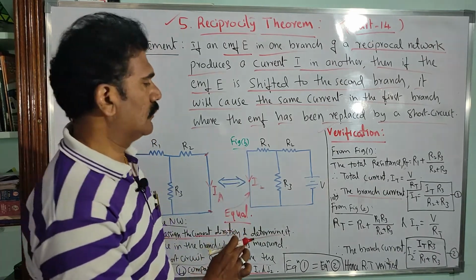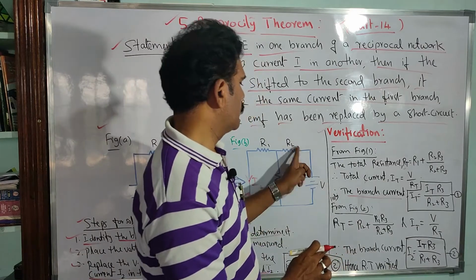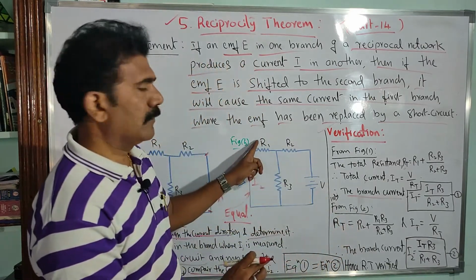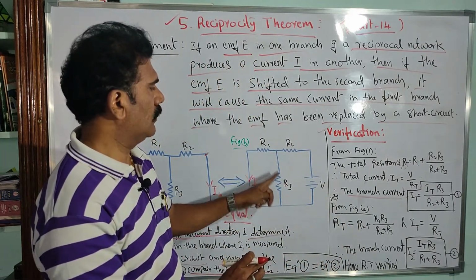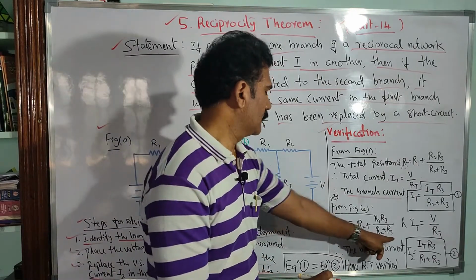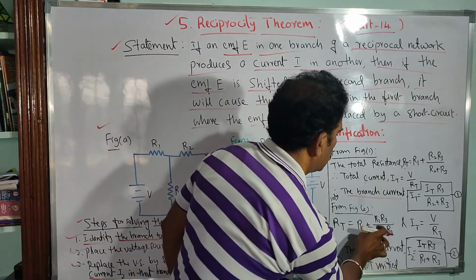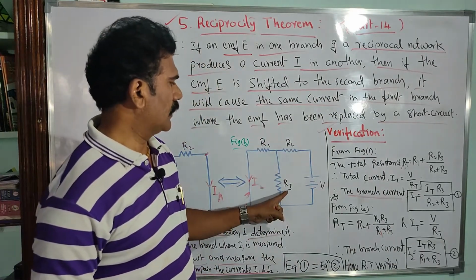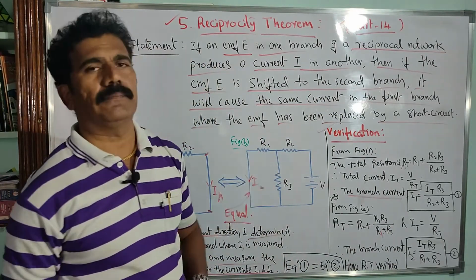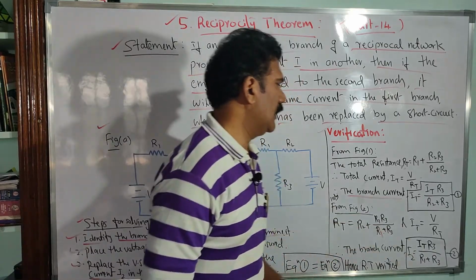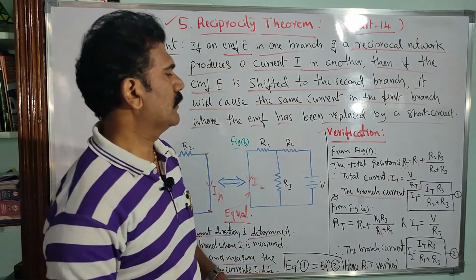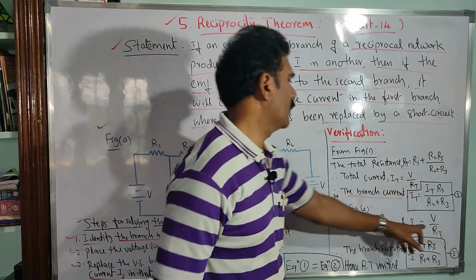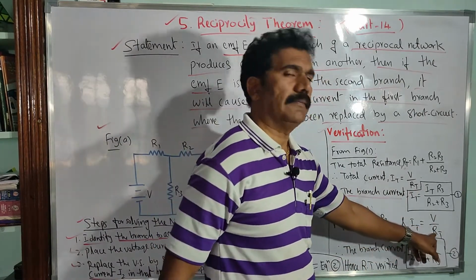Therefore RT is R2 plus R1 R3 divided by R1 plus R3. Now IT is, as usual, the voltage source V divided by this calculated RT.